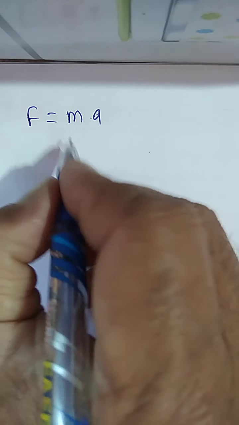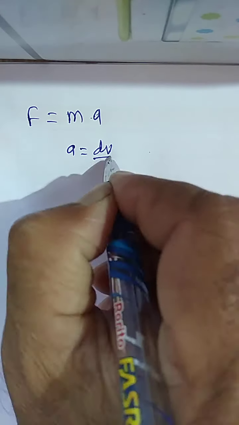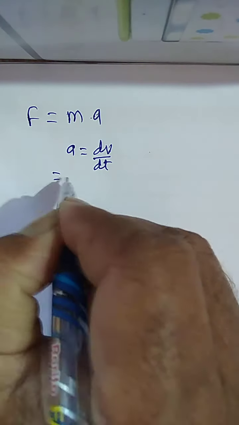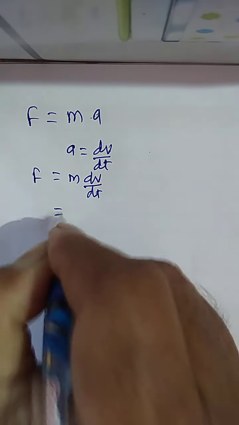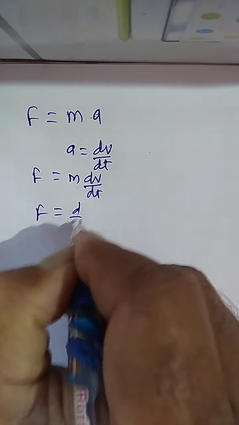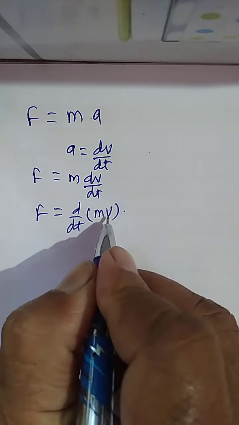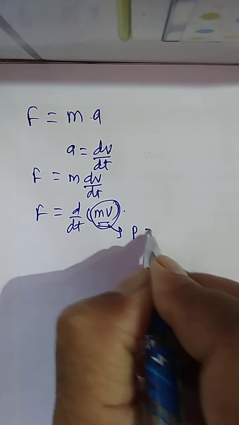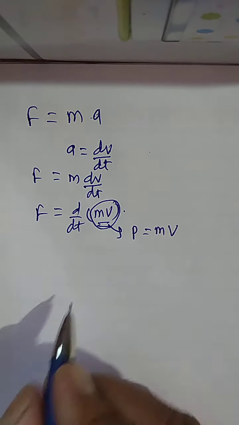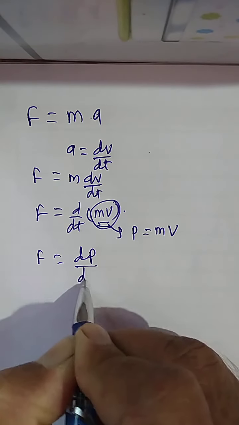But acceleration of the particle, small a, is nothing but the rate of change of velocity with respect to time, so F equal to m into dv by dt. After rearranging, we get F equal to d by dt of m into v. But m into v is nothing but p, the linear momentum, p equal to m into v. Therefore, F equal to dp by dt.